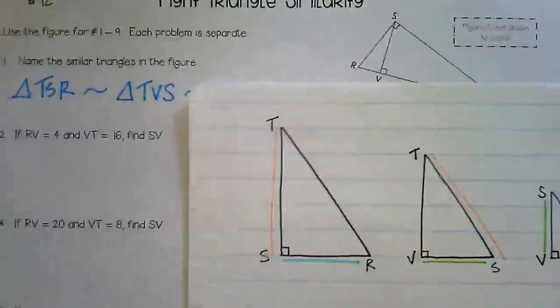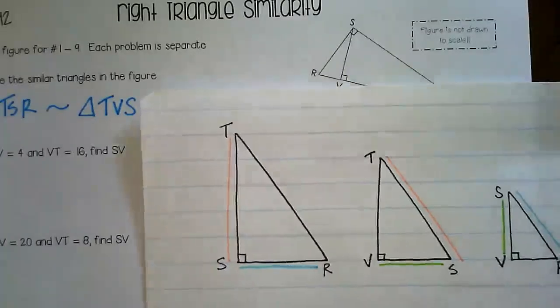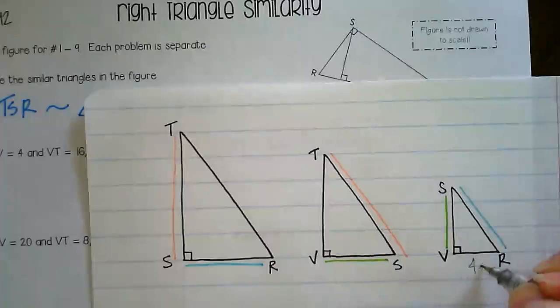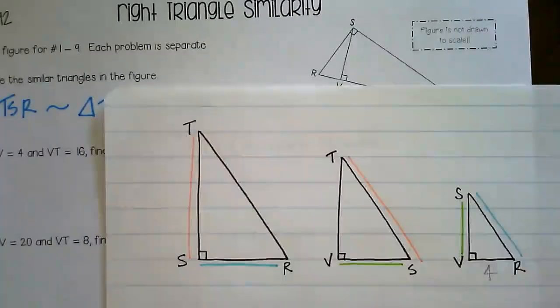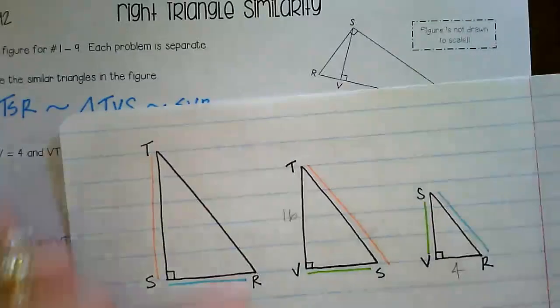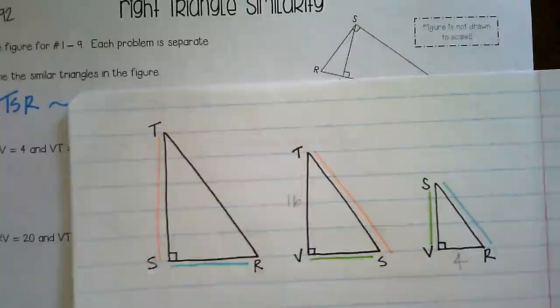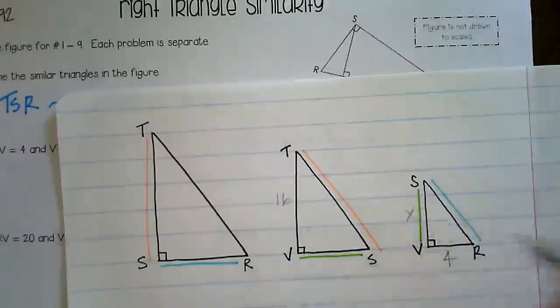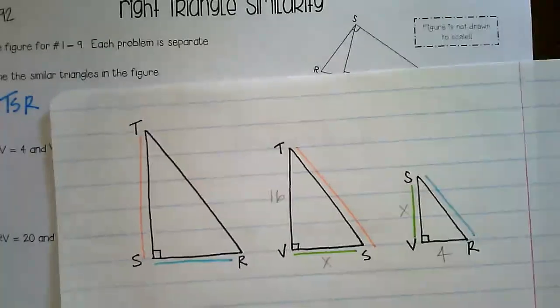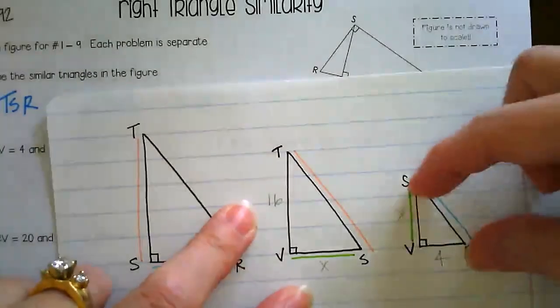Okay, so that's going to help me match up my sides. All right, so now we're ready. So if RV is 4, so RV is right here, and that is 4, and VT is 16. So VT is 16. And I can tell since they don't have any colors, they're not matching anywhere else. We need to figure out SV. Well, SV is right here and right here. All right, so the first proportion is pretty straightforward. I have this and that.